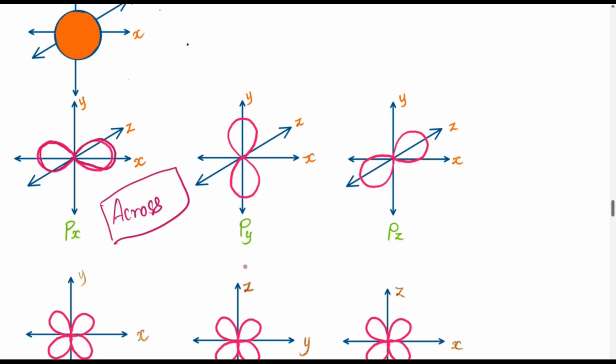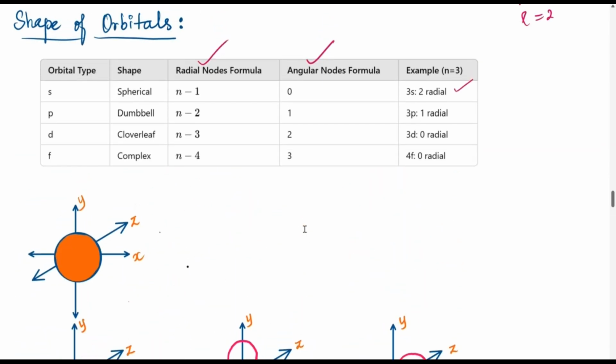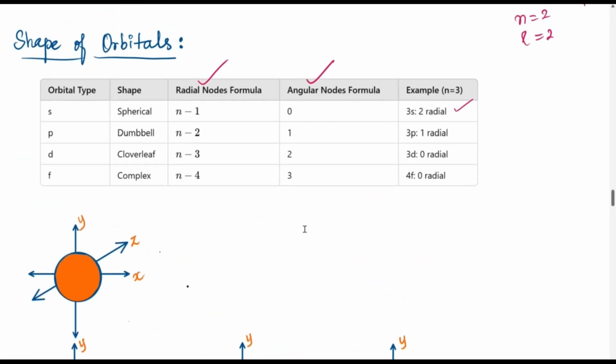It's not in between, it's going across the axis. Okay, that also plays a very important role. So which orbitals are going in between? That question was asked, if I'm not wrong, in 2016. So dumbbell shape, radial node is n minus 2. So for example 3p, 1 radial node.